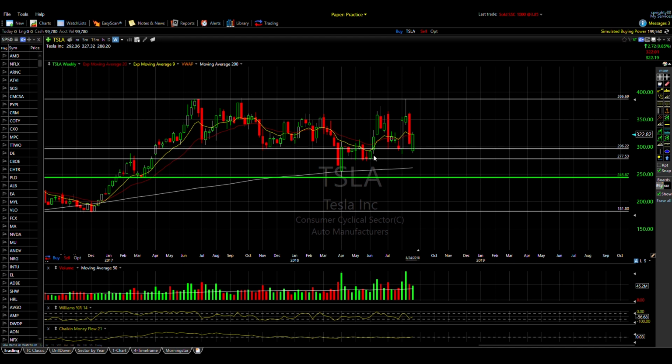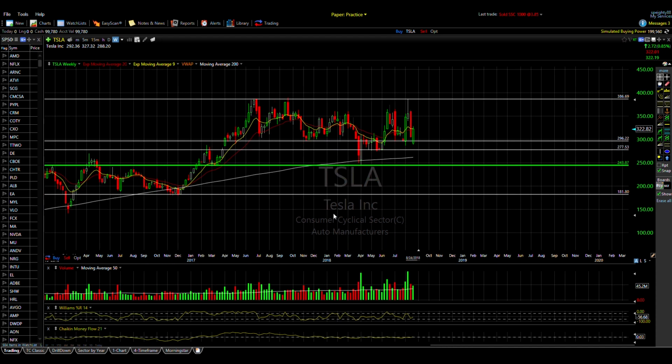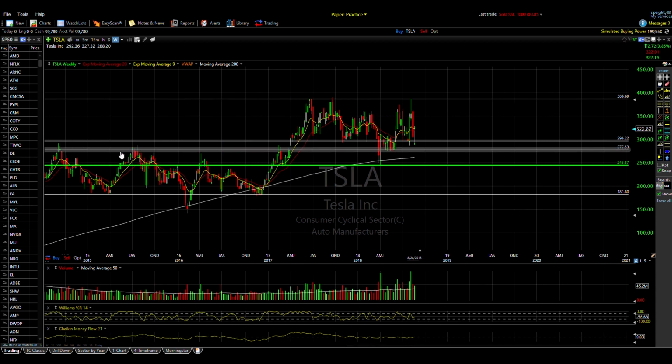So another thing to keep in mind when you're looking at these is keep an eye on old lines of resistance. So here you have where it went up and had some resistance, which was here as well and here. That was an old line of resistance from back in 2017, but now it seems to be an area of support.